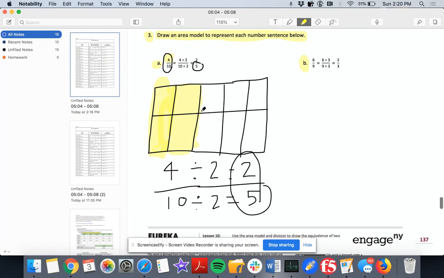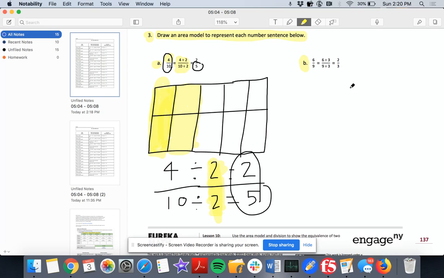I also want to recognize really quickly that they divided by 2, and why did they divide by 2? They divided by 2 because how many pieces did this horizontal line create for each vertical piece? Well, if we look at this piece really quickly, this horizontal line created 2 pieces from this vertical piece, which is why they divided by 2.